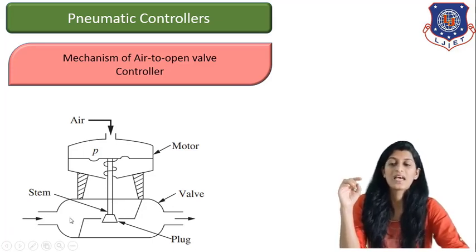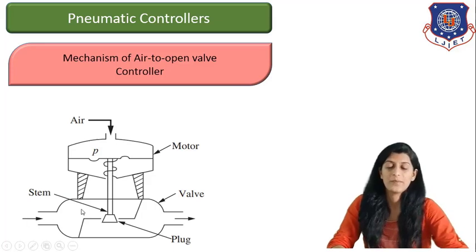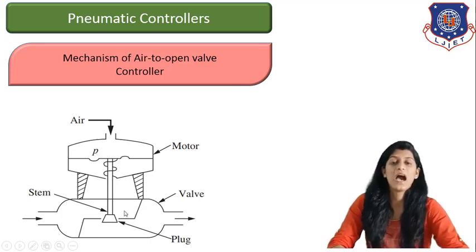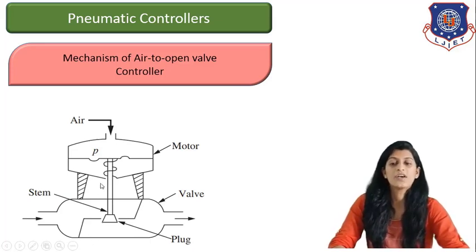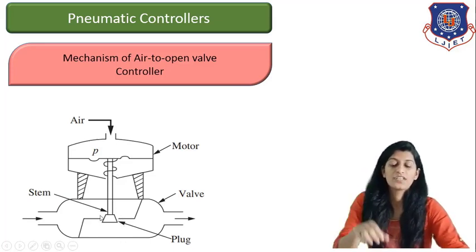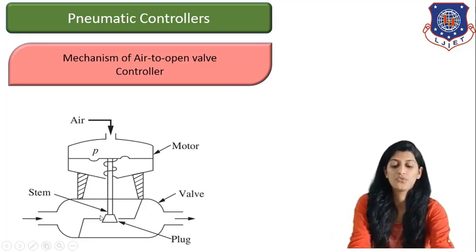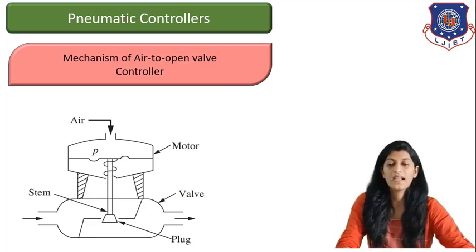From one side, air is coming in. From the other side, fluid is coming inside, and this is the opening between the two chambers which is controlled using our plug. Depending on our need, we will supply the air and manipulate the opening between the two chambers, which will then allow our liquid to flow into the second chamber, right?